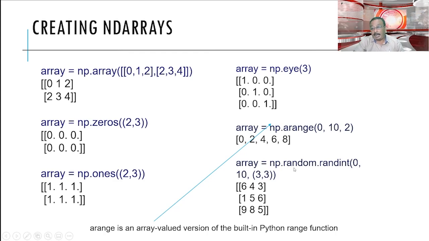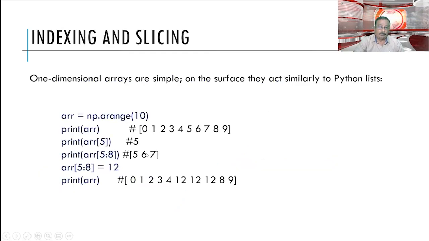And similarly, randint is another function available for creating random numbers. Here you are generating random numbers from 0 to 10 and creating a 3 cross 3 array, so a 3 cross 3 matrix with random numbers in the range 0 to 10 is created. So these are the various methods by which you can create n-dimensional arrays.